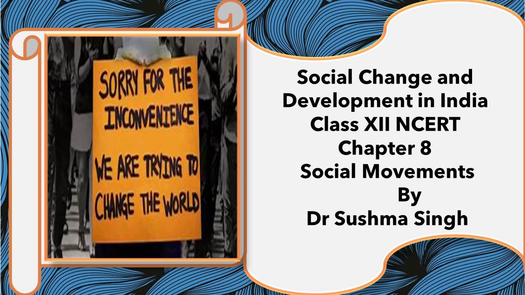A mutiny is an act of defiance against legitimate authority, that is, the British rule. A struggle for independence is a challenge to British rule. This shows how people attach different meanings to social movements.